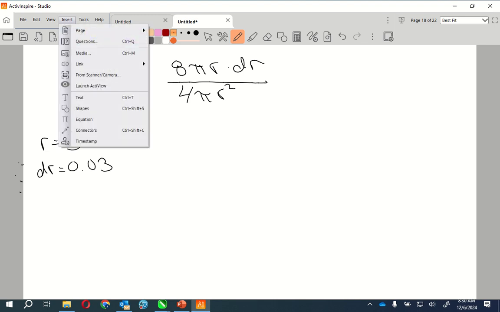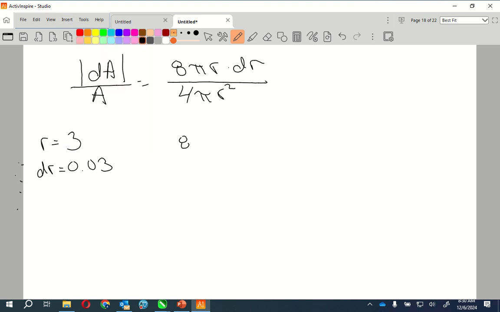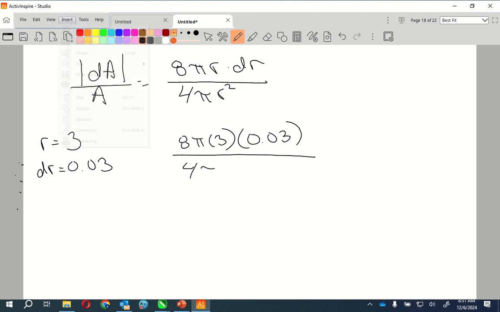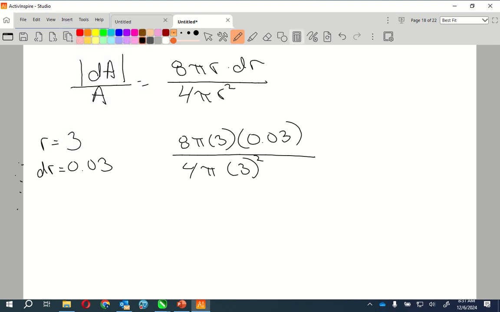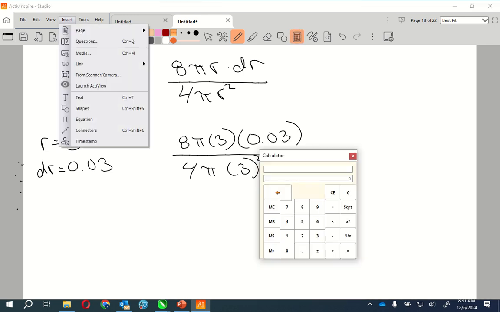Now I'm just going to plug in what I have here. So it's going to be 8 pi times 3 times 0.03 divided by 4 pi times 3 squared. And let's go ahead and plug this into my handy dandy calculator.